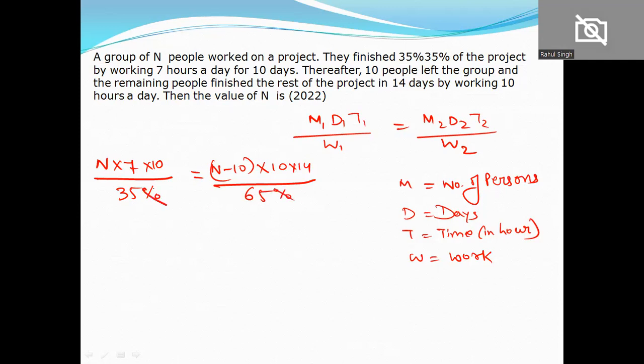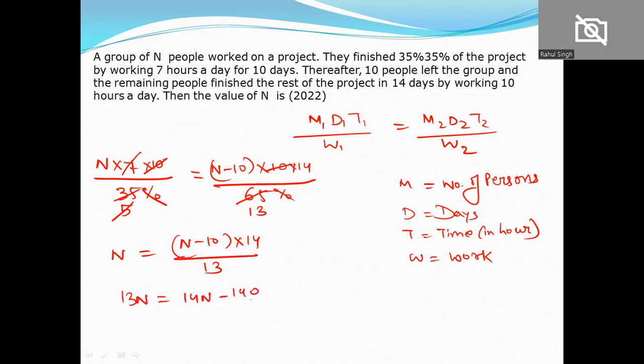So percentage will cancel out. 10 cancels out 10, right? 7 goes 5 times, 5 by 13. We got n equals n minus 10 into 14 over 13. So 13n equals 14n minus 140. So n is equal to 140.